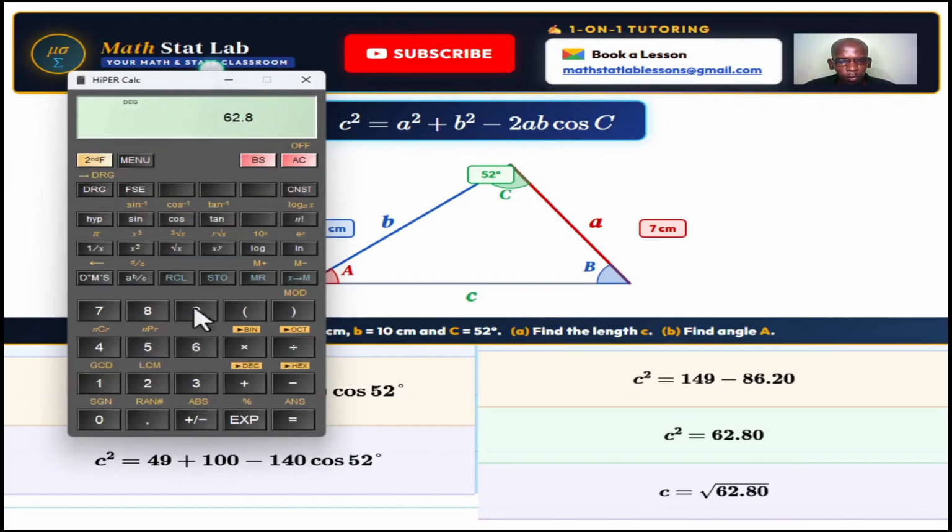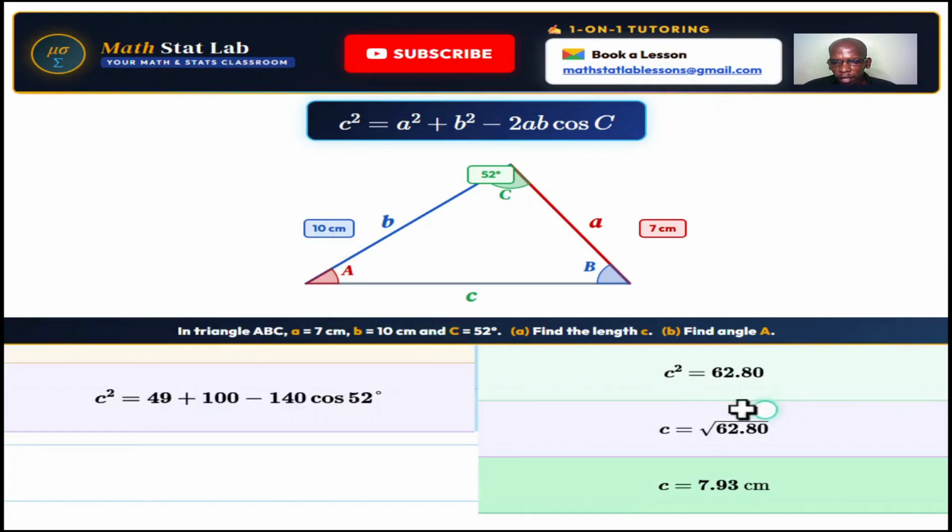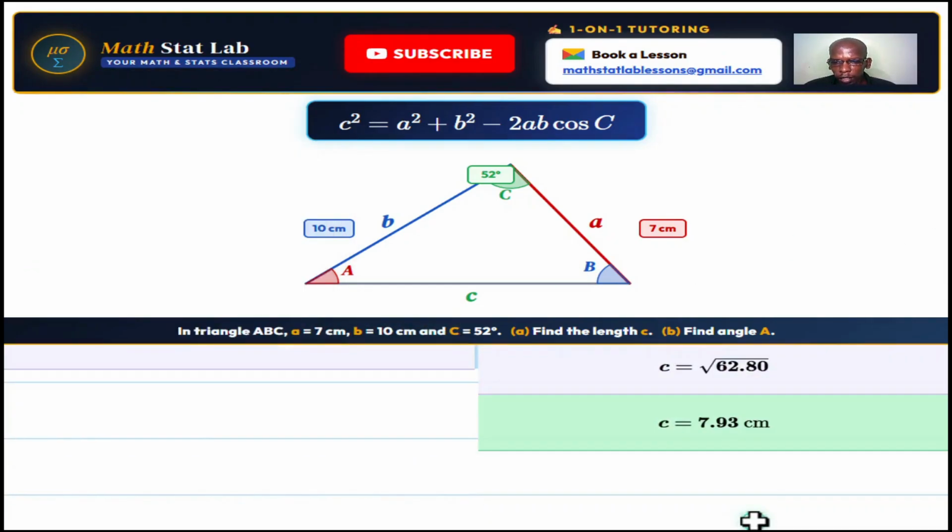I say 62.8, then the square root of that will be 7.9. Rounded to two decimal places, it will be 7.93. So this c here will be 7.93 centimeters. How about if we are told to find angle A?